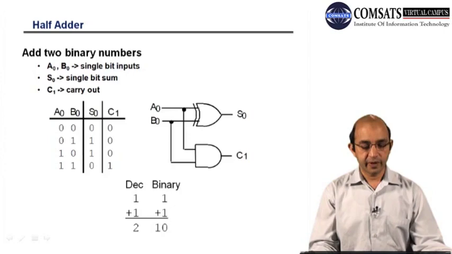Whenever we have 2 bits and we have to add them: 0 0 gives 0 sum, 0 carry; 0 1 gives 1 sum, 0 carry; 1 0 gives 1 sum, 0 carry; 1 1 gives 0 sum, 1 carry. This is the decimal and this is the binary. So here you can see we have sum and carry.